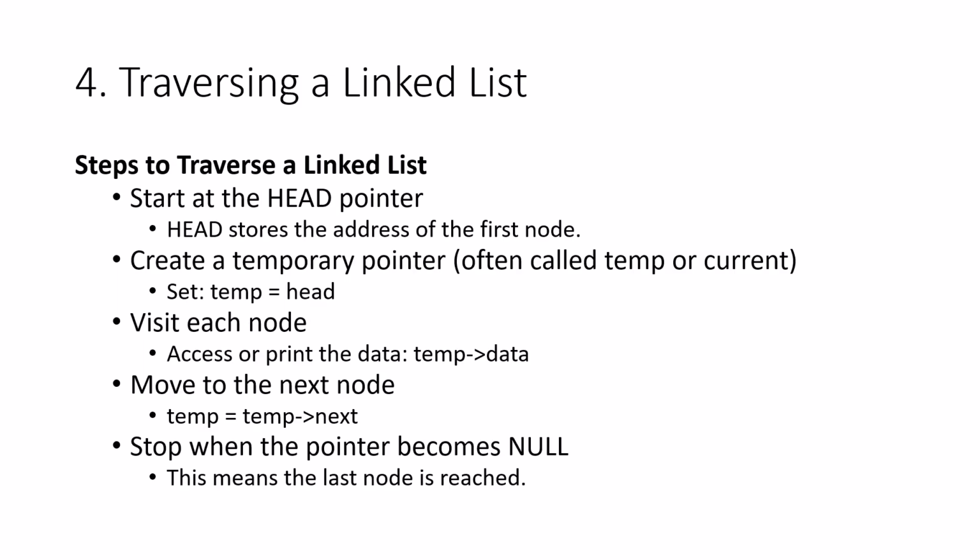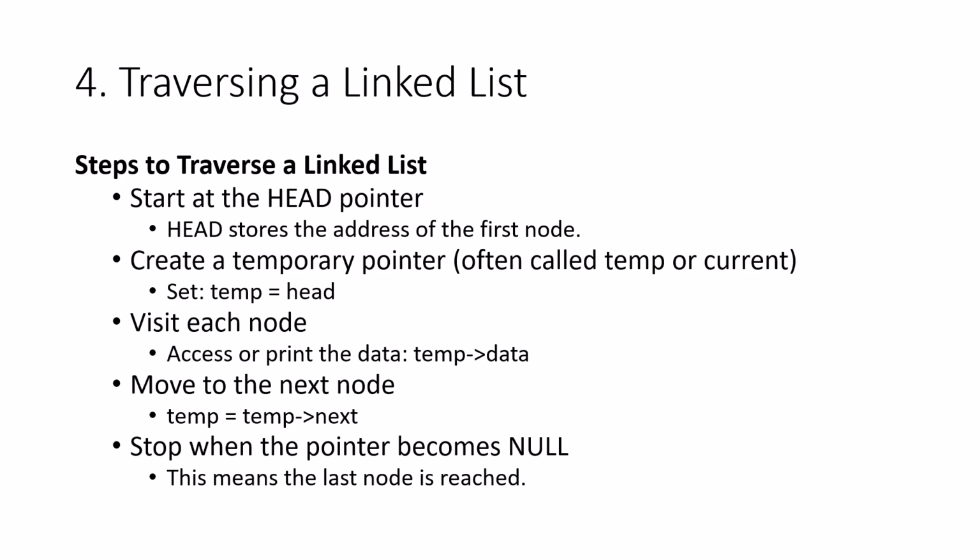Now, let's look at the steps to traverse a linked list. First, we start at the head pointer. The head stores the address of the very first node in the list. Next, we create a temporary pointer, often named temp or current.